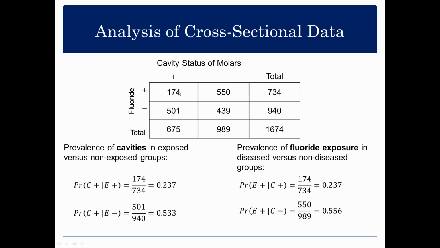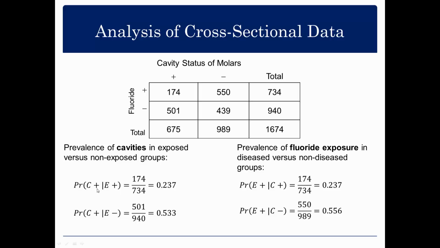The types of summary statistics that we can report for cross-sectional data include things like prevalence of cavities in the exposed versus non-exposed group. So let's look at the notation. Don't get bogged down by the plus signs. All this is saying in English is, what's the probability of having a cavity given you were exposed to fluoride?